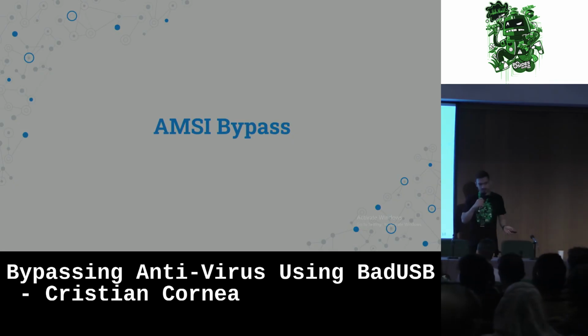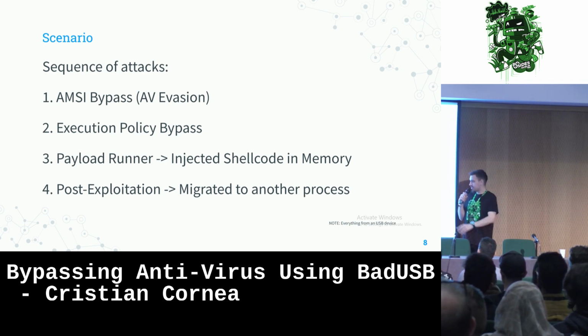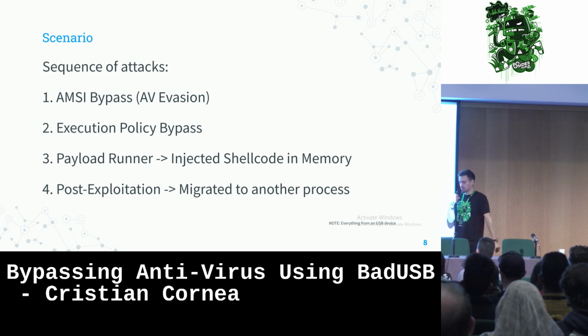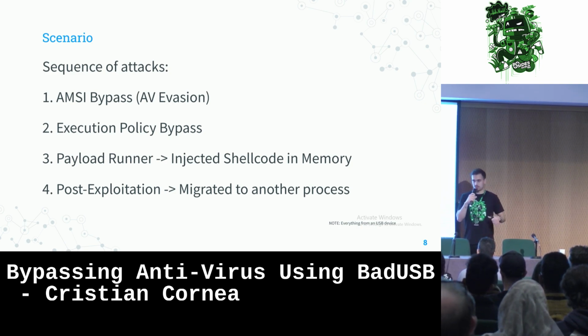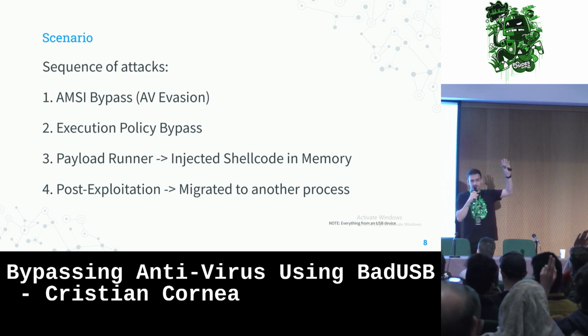Okay, so the sequence of attacks is the following. This is what we'll do on our little BadUSB. Basically, we'll have an AMSI bypass in order to evade the antivirus, and an execution policy bypass. How many of you have run into issues with execution policy, or how many of you have heard about the execution policy on Windows? Okay, perfect.